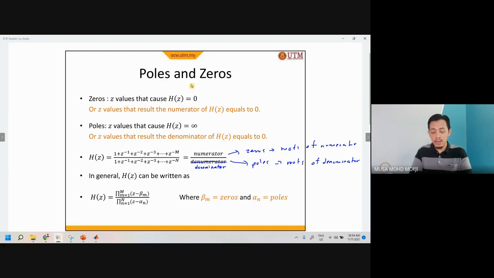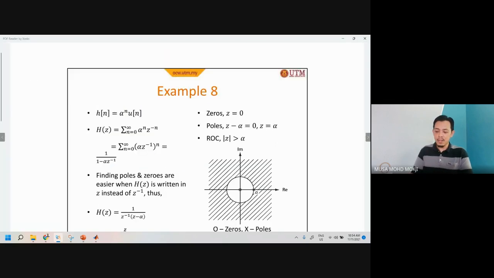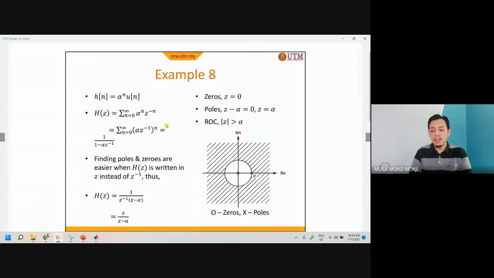How to use this and why we need this comes later, not today. So this is going to be our last example today. We will try to find the poles and zeros of this system. And actually, this is the same example.